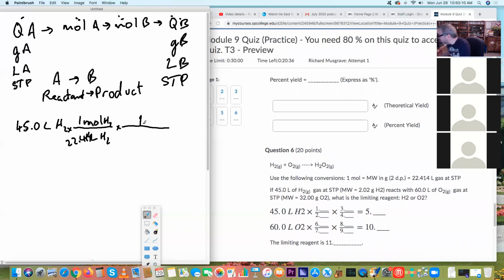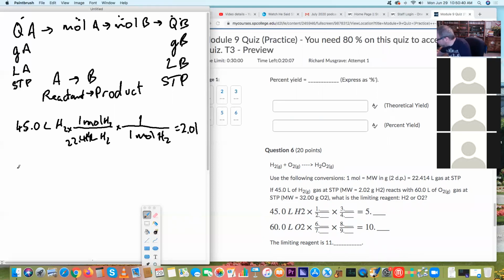And then we need to divide that by the number of moles, which in this case is 1. We get that from the coefficients here. It's 1 mole of H2. And that would be a mole ratio, 45 divided by 22.414, which would be 2.01. And that doesn't have a unit on it.